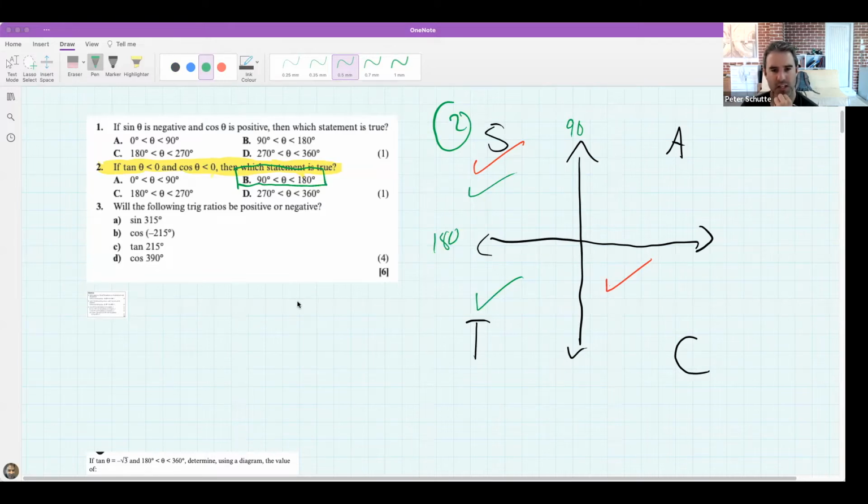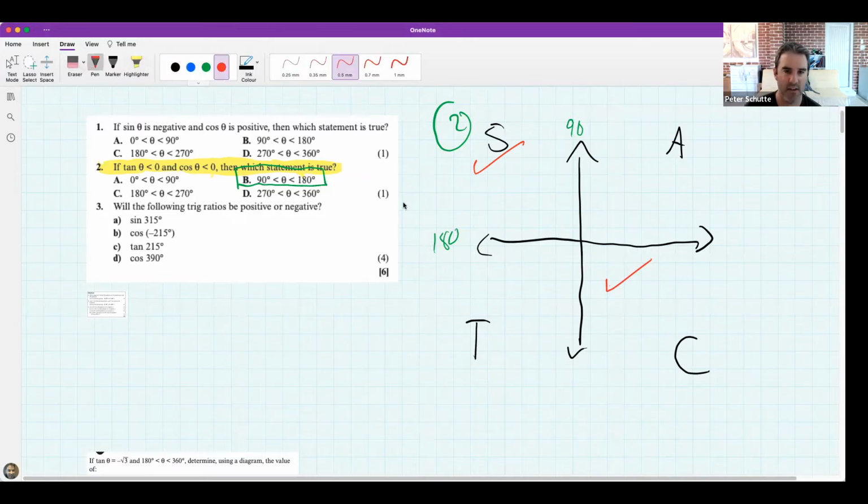Take a moment to see if you understand that. Okay, so what we're looking for is a quadrant that allows both of these statements to be true. Where is tan negative?